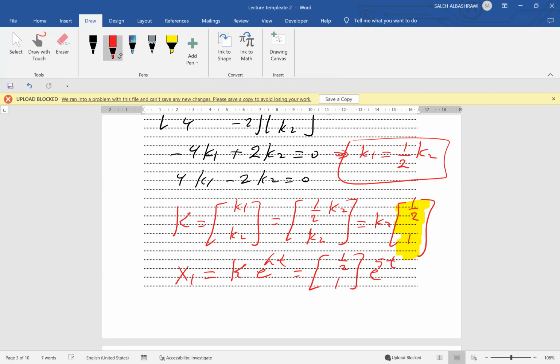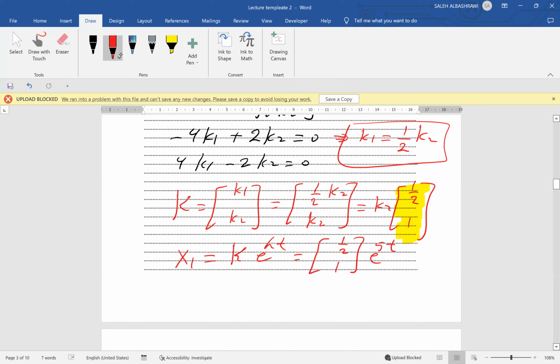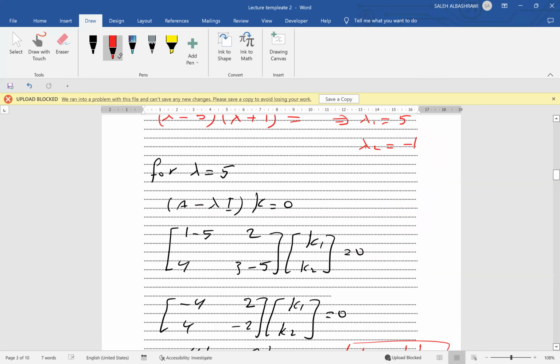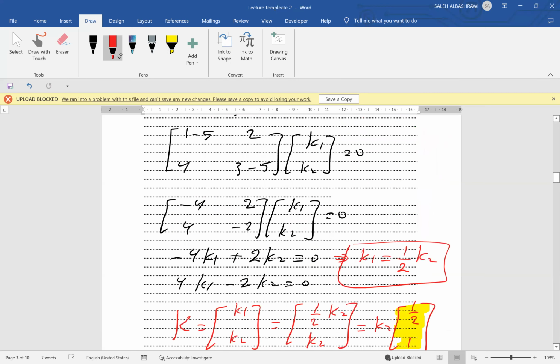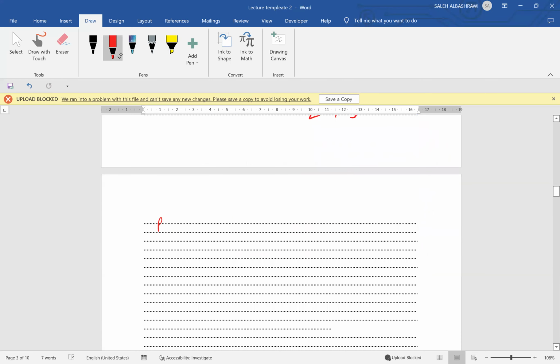Second one, we found it for lambda equal to -1. Now for lambda equal to -1, A minus lambda I k equal to 0.